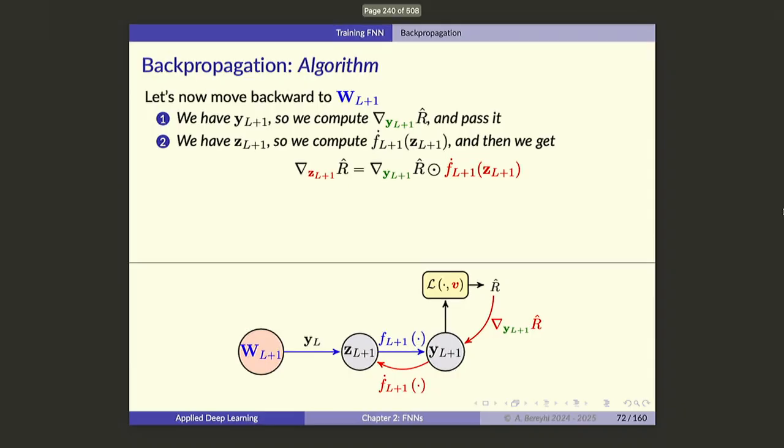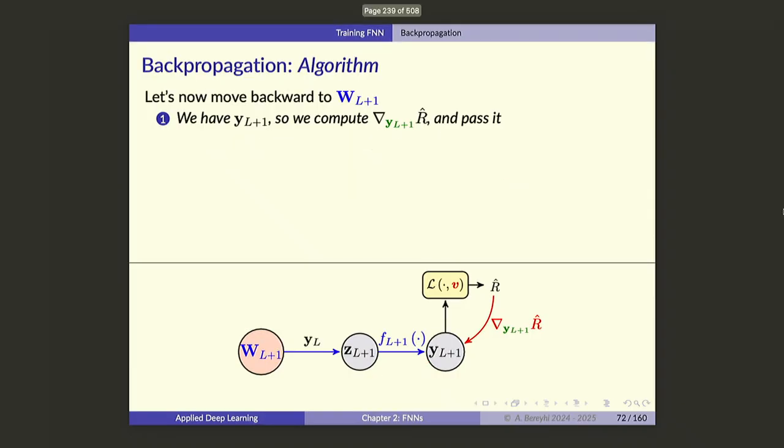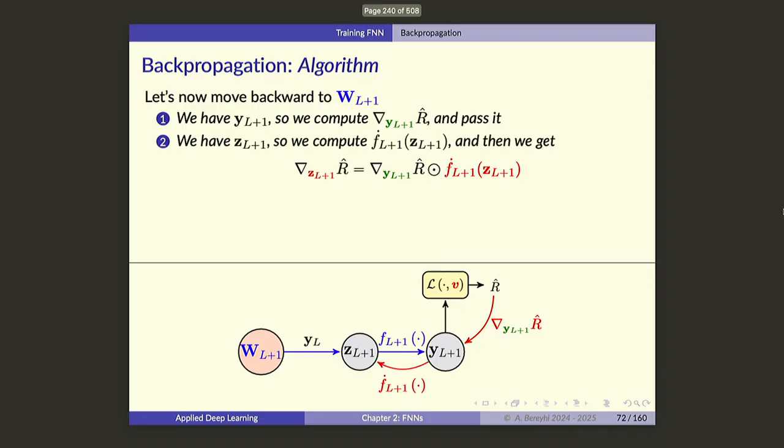OK, that's fine. Now, next thing, I want to move backward from this guy to this guy. What should I do? Well, I can compute the gradient of this one with respect to this one, yes? This is an entry-wise operation. I can just take the derivative of f and then compute it at every single entry here, right? So this is going to be the backward pass, right?